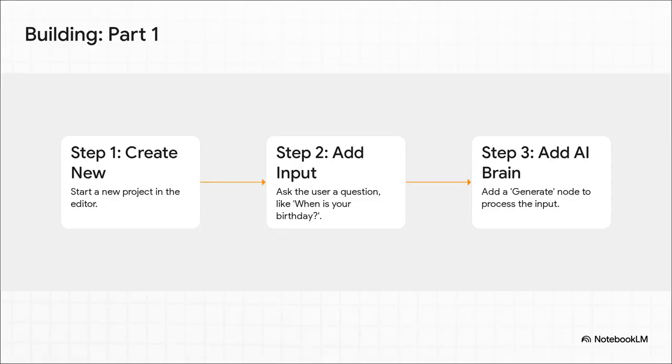Okay, let's build a little app called On This Day in History. So first up, you just start a new project, a new Opal. Then you need a way for the user to give you information. So you add an input block. You just type in your question, something simple like, when is your birthday? After that, you add the magic piece, the AI brain, which they call a generate node. This is where the thinking is going to happen.